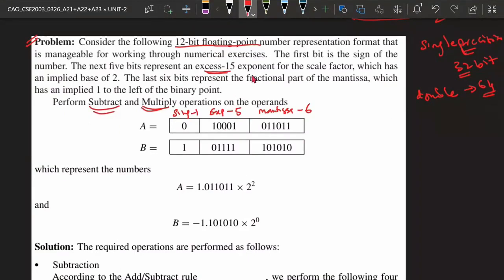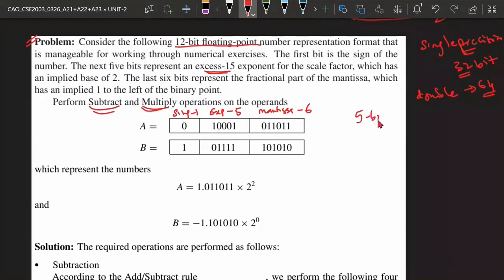How do we decide whether excess 15 should be used or not? It is based on the number of bits. The number of bits used here is 5. So what could the possible values be in 2's complement, because 5 bits are used for representing 2's complement numbers?